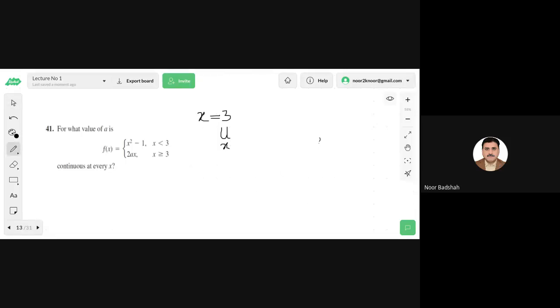So limit x goes to 3, first we find the left hand limit, f of x, which will be, as I said, limit x goes to 3 of f of x, and you would impose the condition x is less than 3.